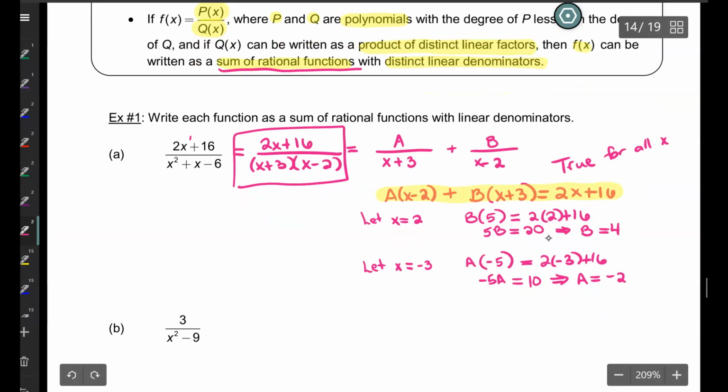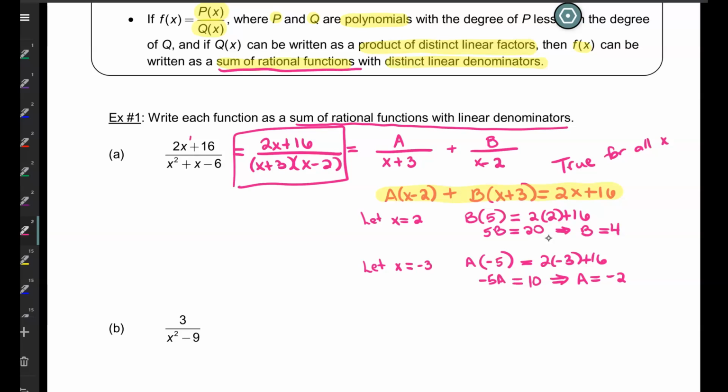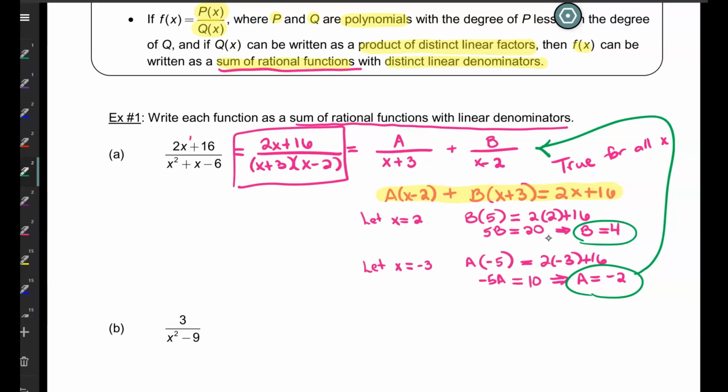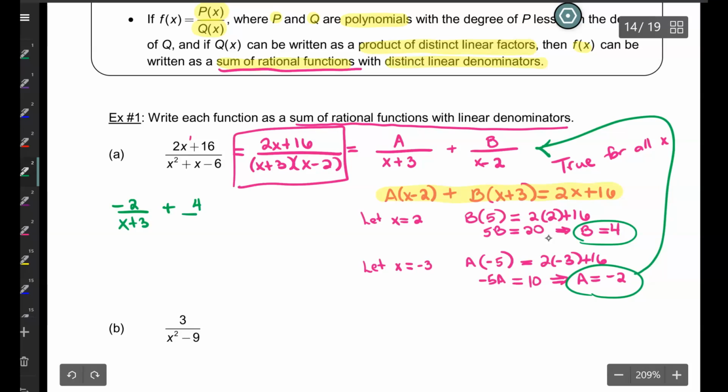Now we can write this as a sum of rational functions with linear denominators. We go back to what we started with, and rewrite this as negative 2 over x plus 3 plus 4 over x minus 2. And that's what this is equal to.